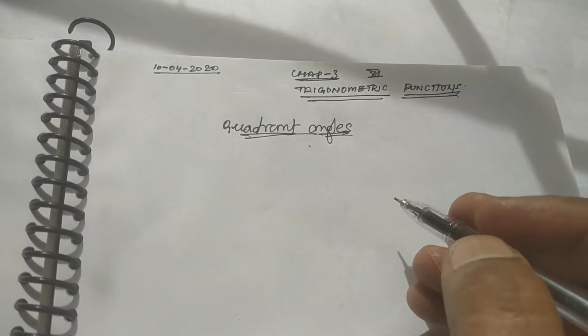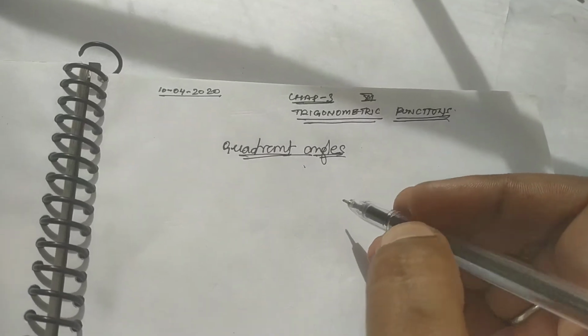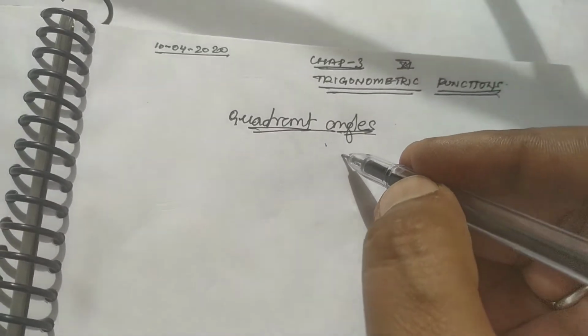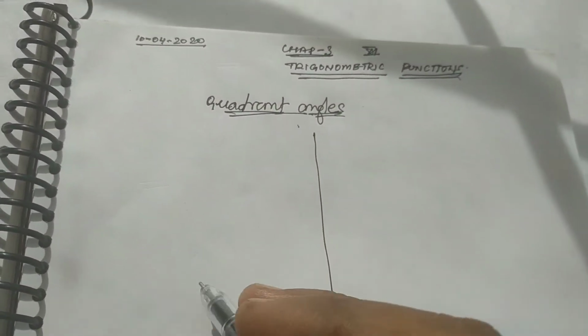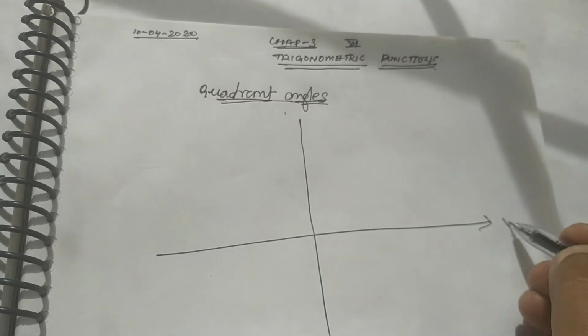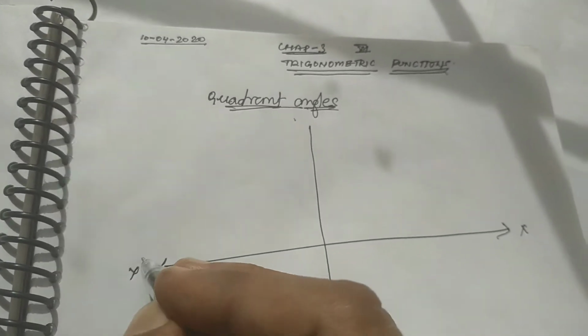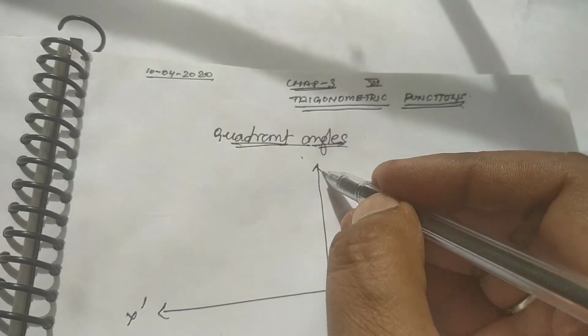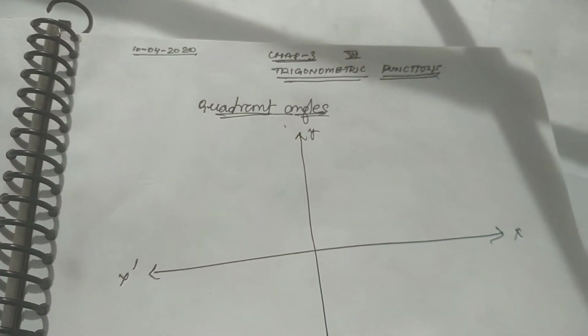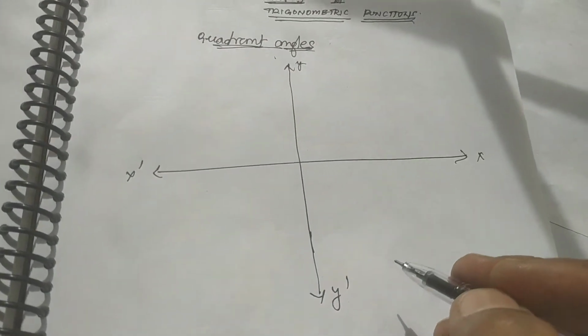First we have to draw a unit circle on the Cartesian plane, with the x-axis, x dash, the y-axis, and y dash axis.